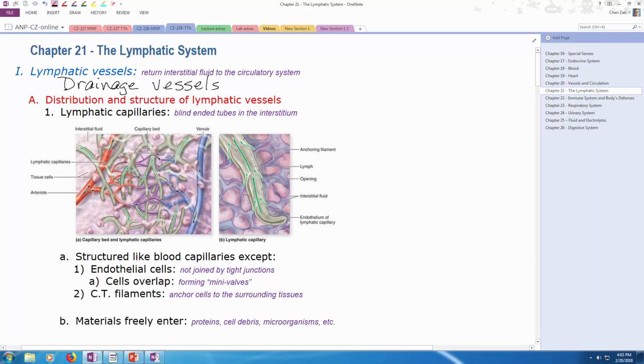They are interwoven in with our capillaries. So we have lymphatic capillaries that interweave within our regular capillary bed, and that allows them to therefore be there in the area where the overflow fluid is being left.